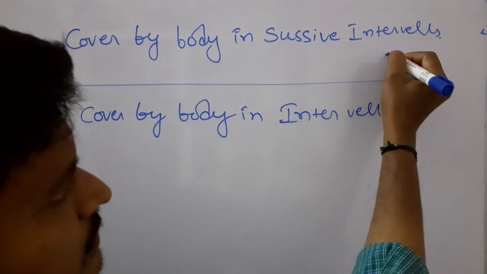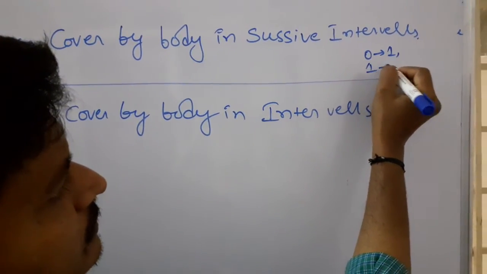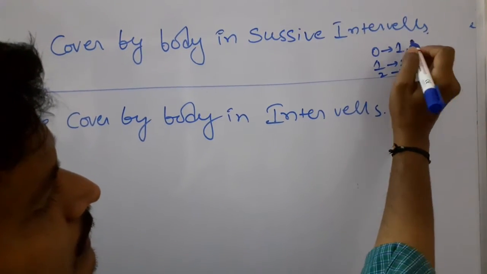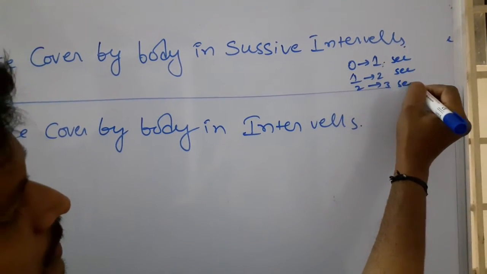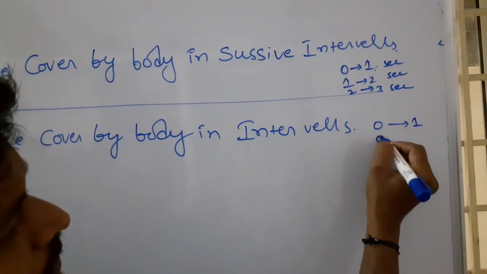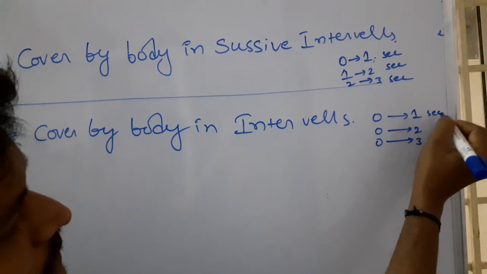Intervals here: 0 to 1, next 1 to 2, next 2 to 3 seconds. Here 0 to 1, and 0 to 2, 0 to 3 seconds.